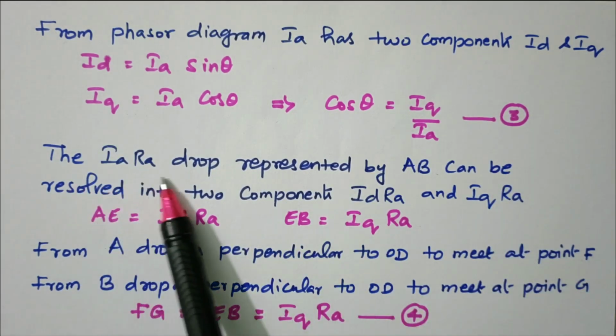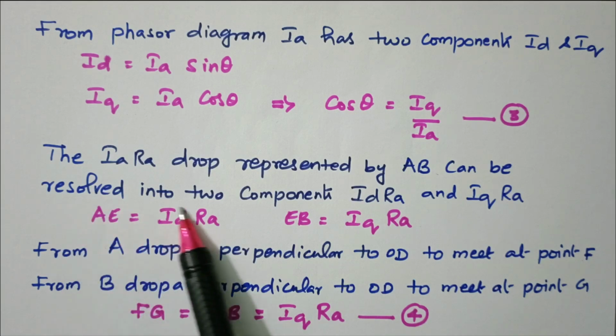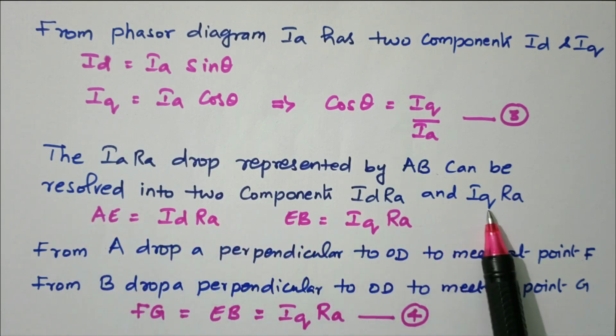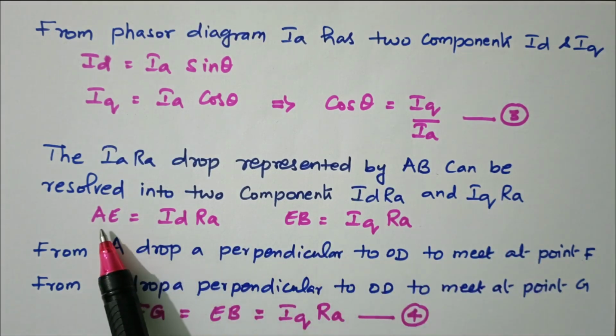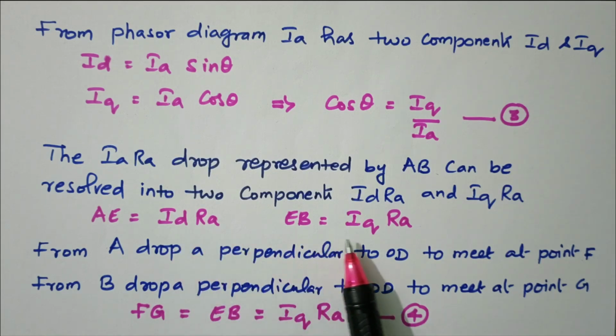The IA RA drop represented by AB can be resolved into two components, ID RA and IQ RA. That is, AE equals ID RA, and EB equals IQ RA.